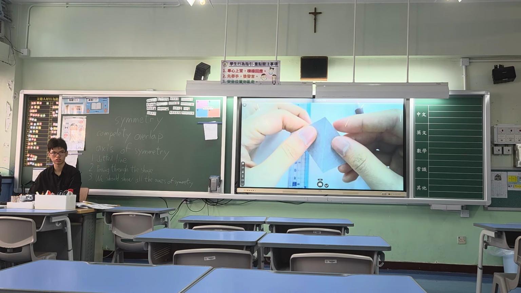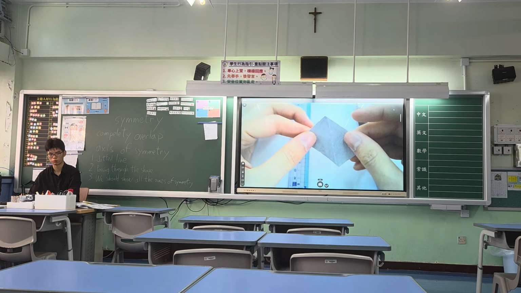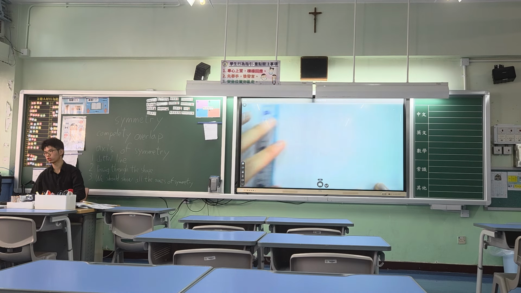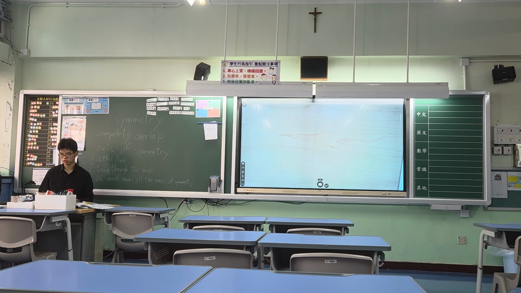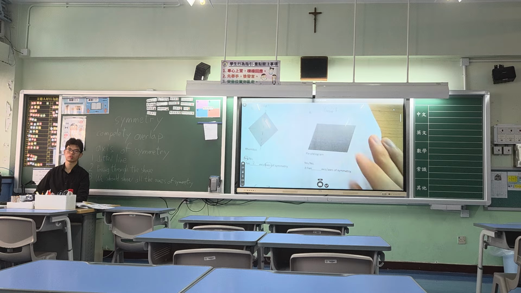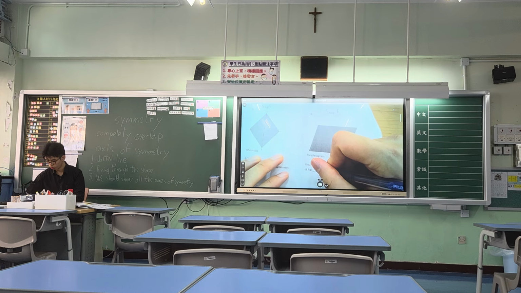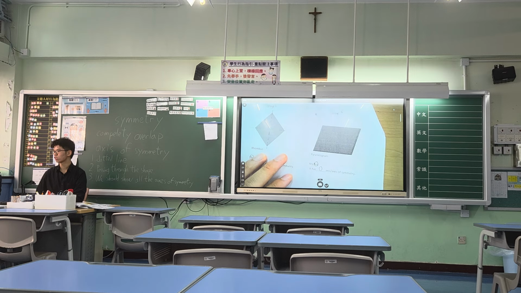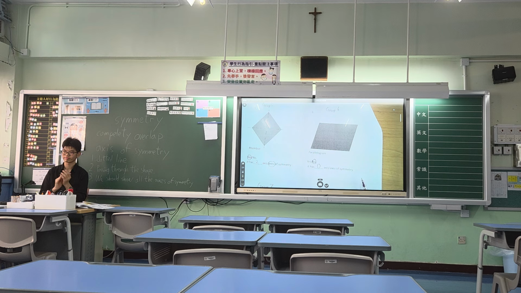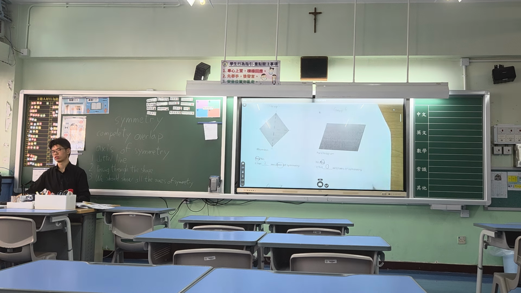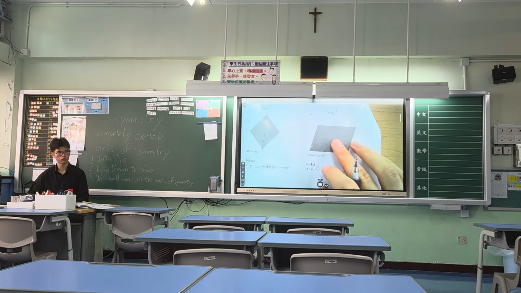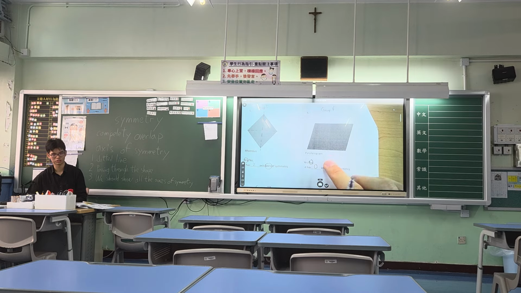This will not be an axis of symmetry of a parallelogram. And eventually, group 6 answers correctly. No, there are zero axes of symmetry for a parallelogram. Okay, so you should not draw any dotted line, any axis of symmetry on it.